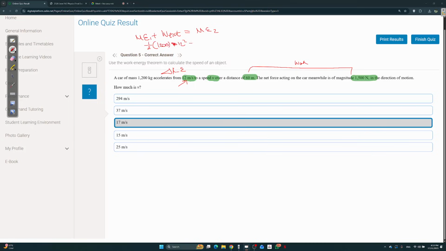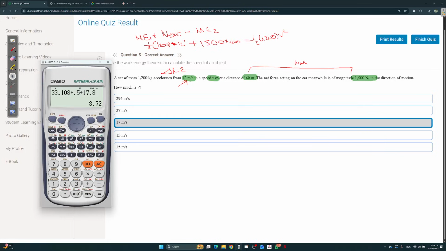Plus work external, which is the force times distance, so 1500 times 60, equals the second mechanical energy, which is the second kinetic energy, which is half m v squared. Solving for v, you're going to get 17.